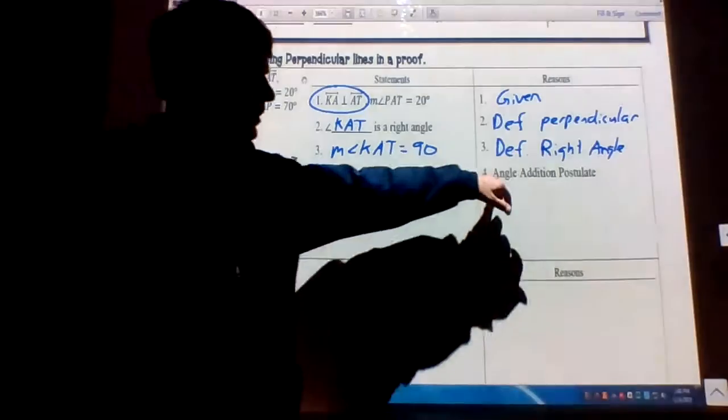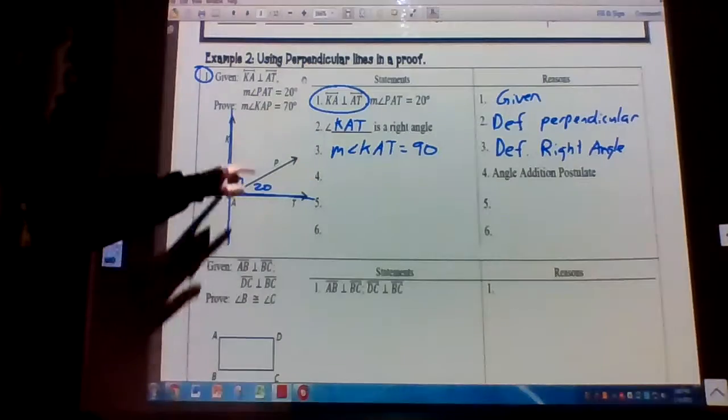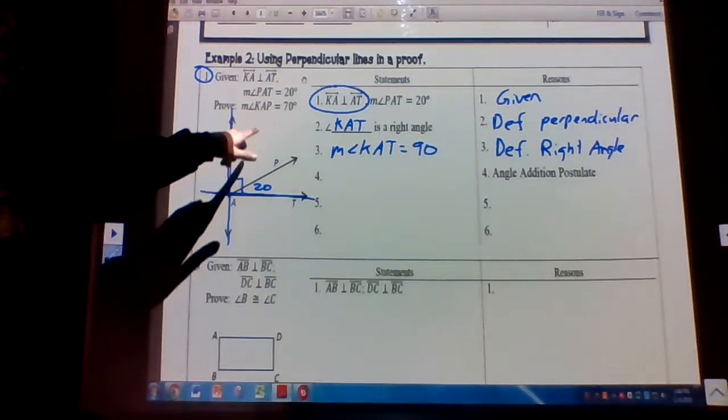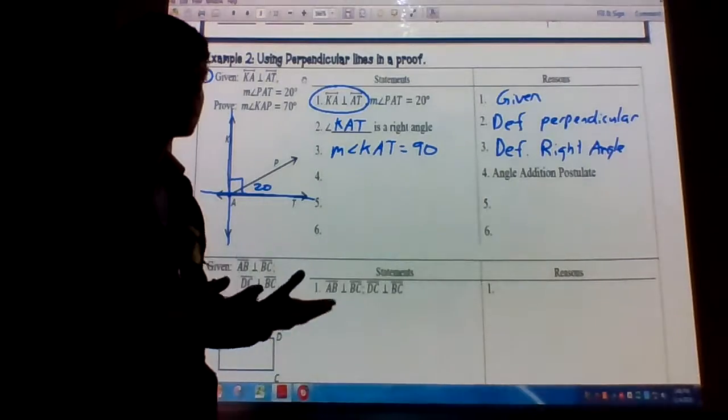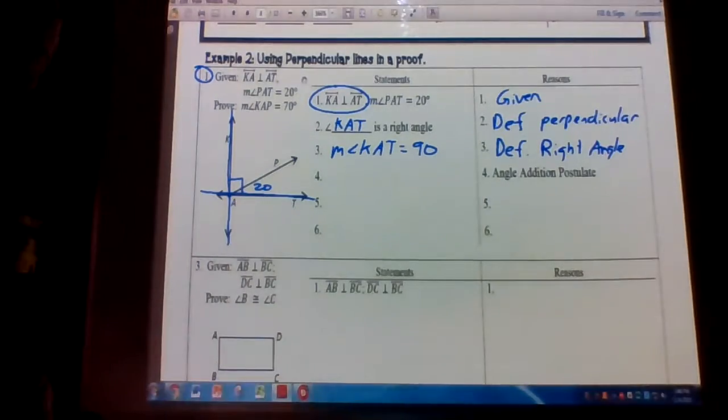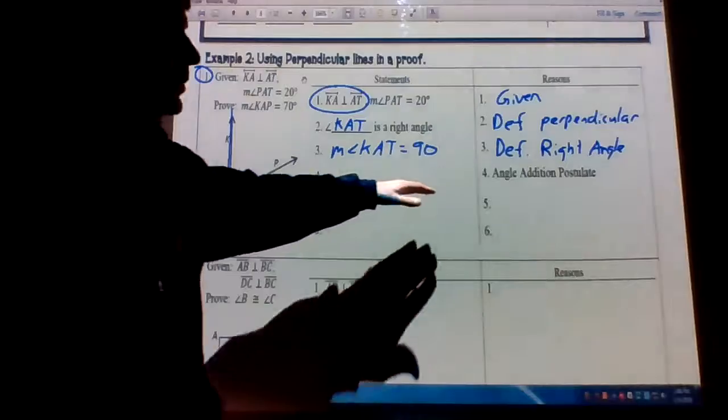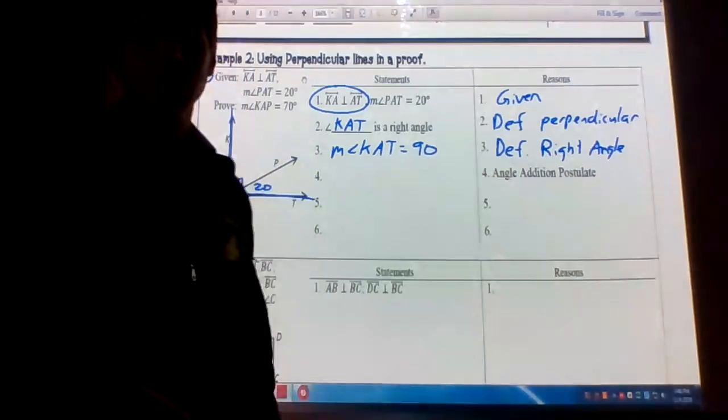Okay, they're giving us the reason here. It's the angle addition postulate. We have to find the measure of angle KAP, which means we have to solve for something. If we're solving for something, we need an equation, and since we have angles, the only way we can get an equation is to use the angle addition postulate.